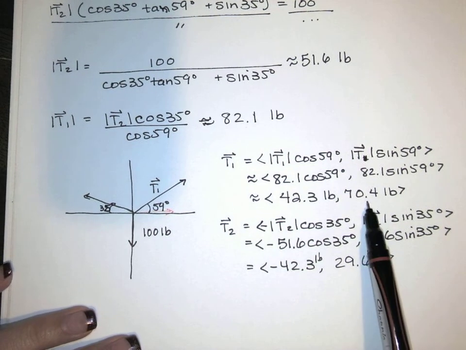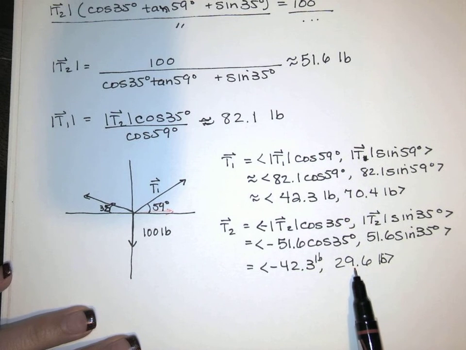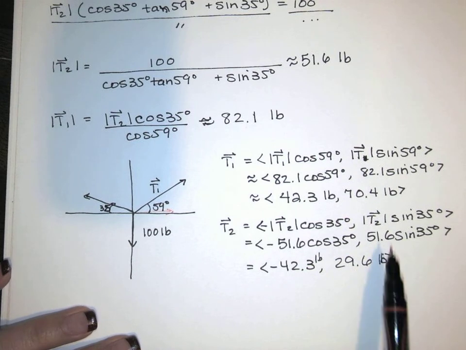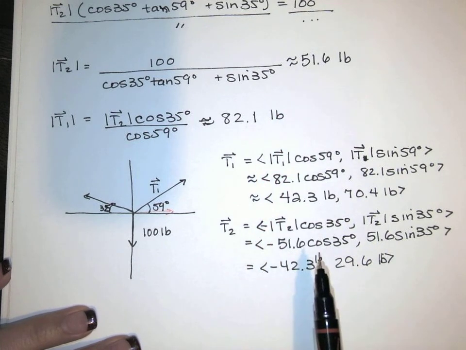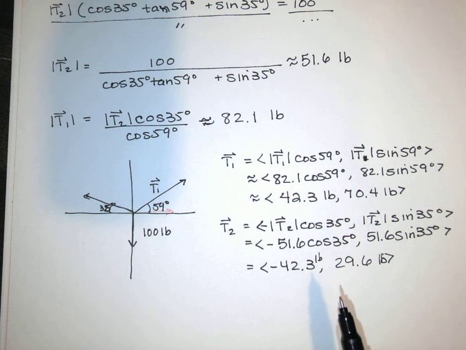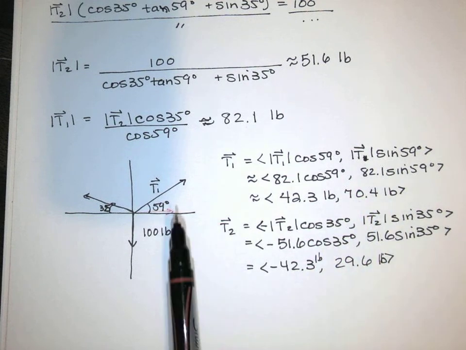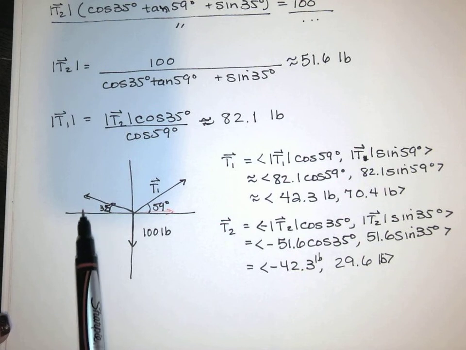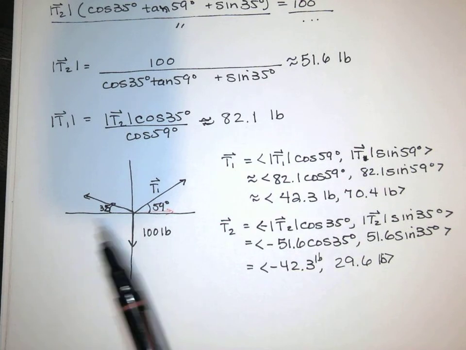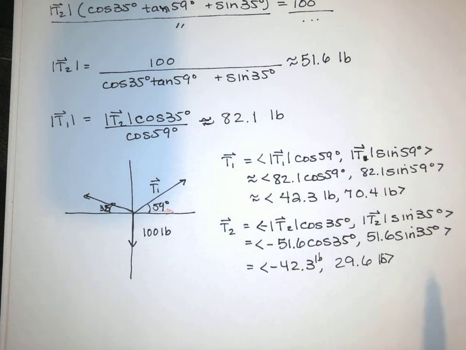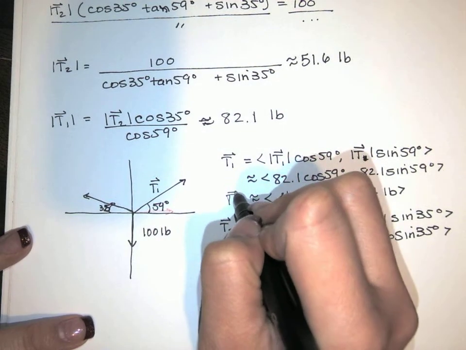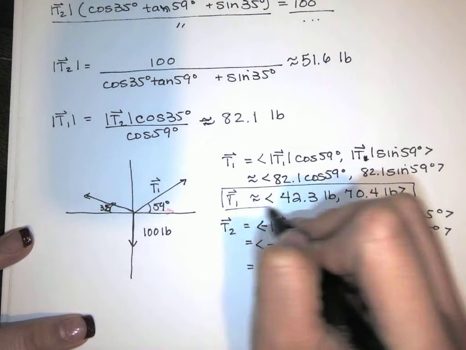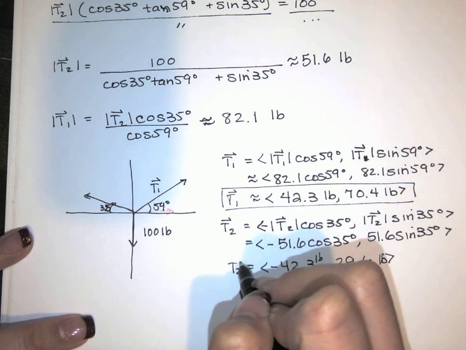Is 70.4 plus 29.6 100 pounds? I mean, of course, these are approximations. But yes, even when we round, that's about 100 pounds of force pulling up. You add them together and approximately we're getting 100, and that's balancing that 100 pounds of force pulling down. So we answered the question. There's the first one. There's the second one.